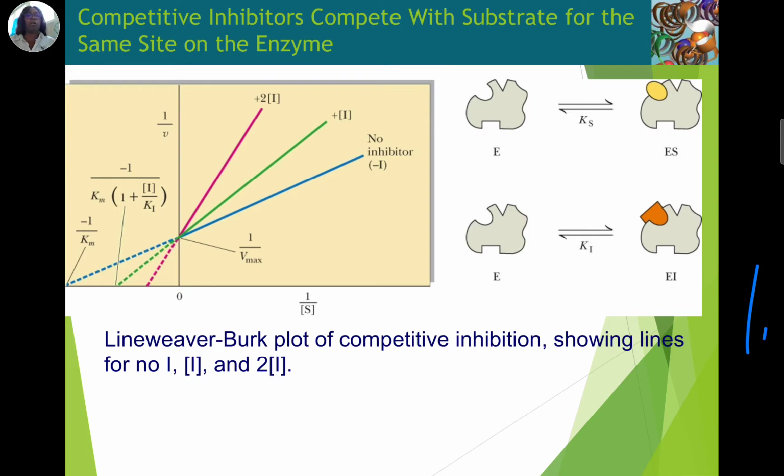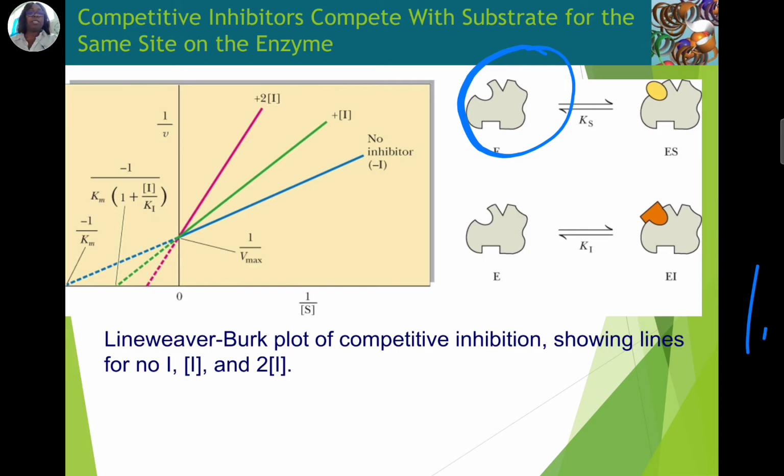What type of inhibitor? A competitive inhibitor. And what do we mean by that? We mean an inhibitor that is competing with the substrate for the same space. It's kind of like enzyme musical chairs. So both the inhibitor and the substrate will fit into the active site.